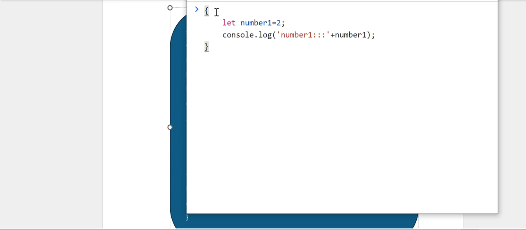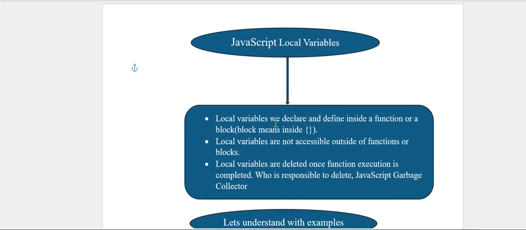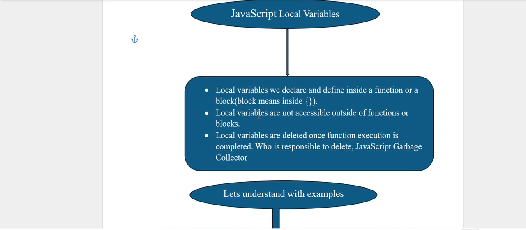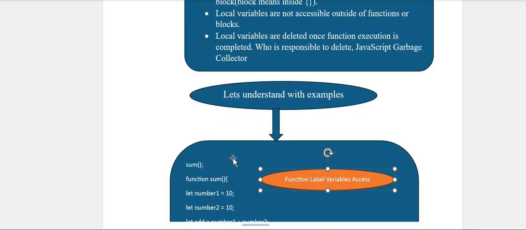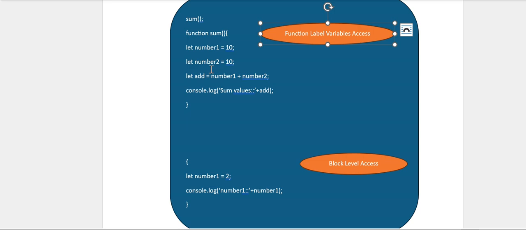In that definition we have mentioned that local variables can be defined inside the function or inside the block. We have already discussed how to declare inside the function and what the access is. And then block level scope, inside the block.